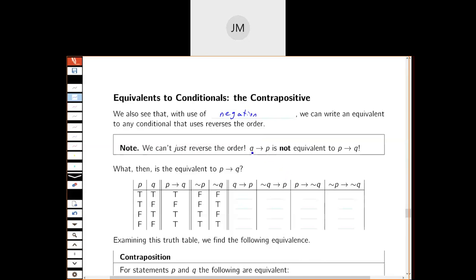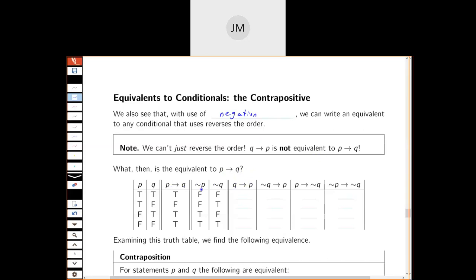We know that if Q then P is not equivalent to if P then Q. That was one of the first things that we discussed, was that the if then statement is not symmetric. Okay. What is equivalent to if P then Q? Okay. So what we're going to do is we're going to look at using negations, and we're going to look at with Q first, which one is the same as if P then Q.